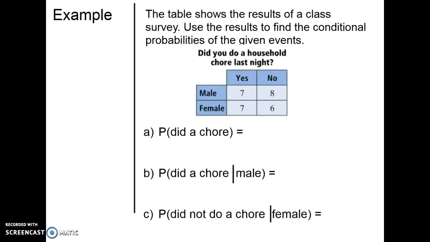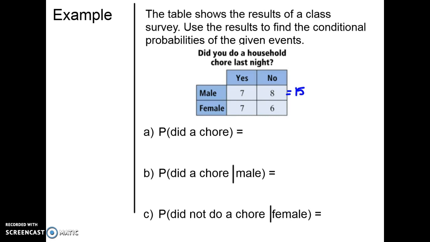that happened. So here's a table that shows the results of a class survey. Use the results to find the conditional probabilities of the given events. Now, when there's more than one question, I think it is always beneficial to add some of the columns and the rows up. So if you're talking about just males, we'd have 7 plus 8.